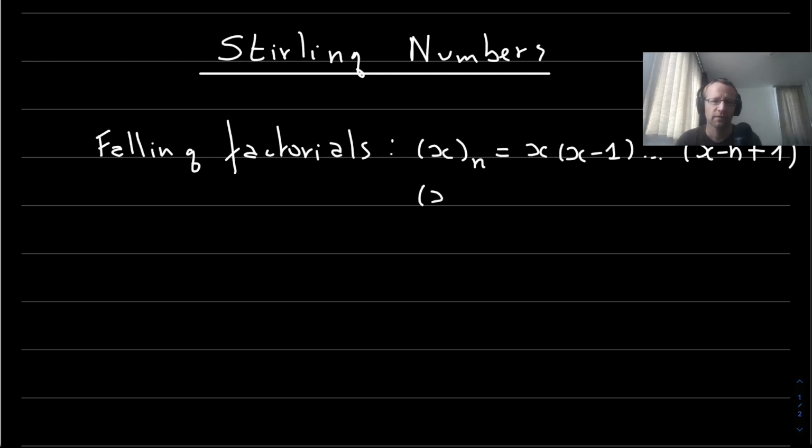Moreover, for n equals 0, we'll define this to be 1. This is the definition of a falling factorial.